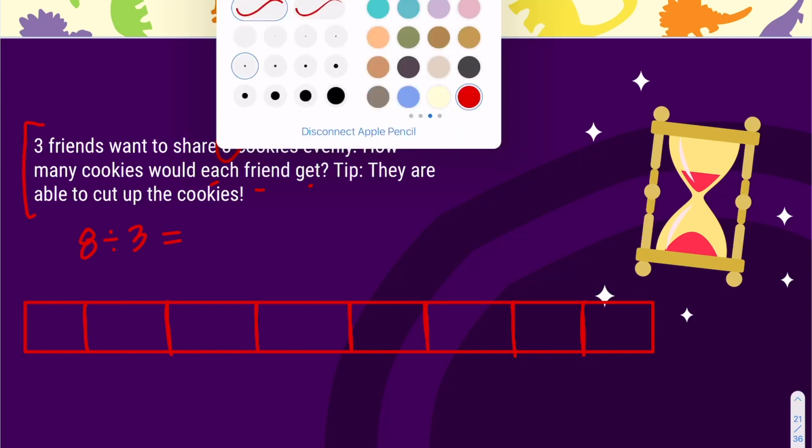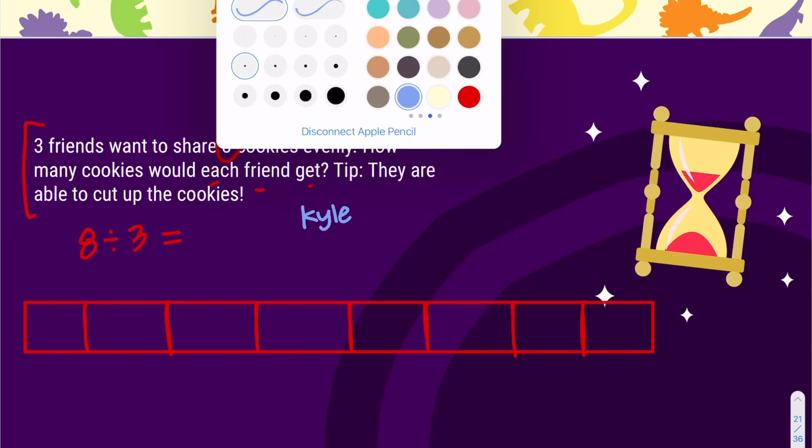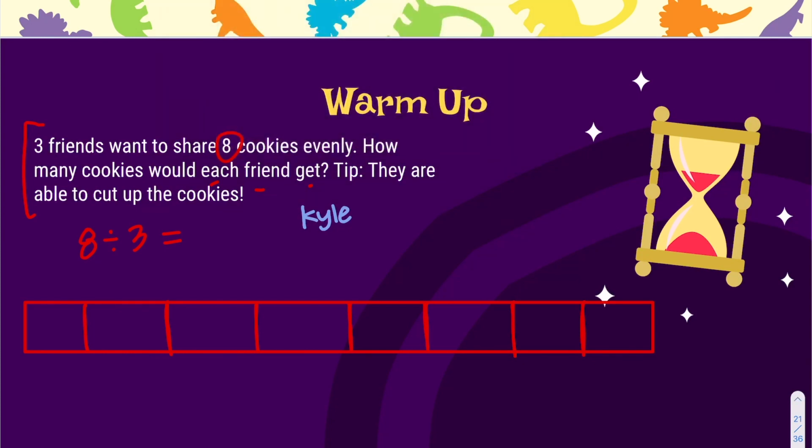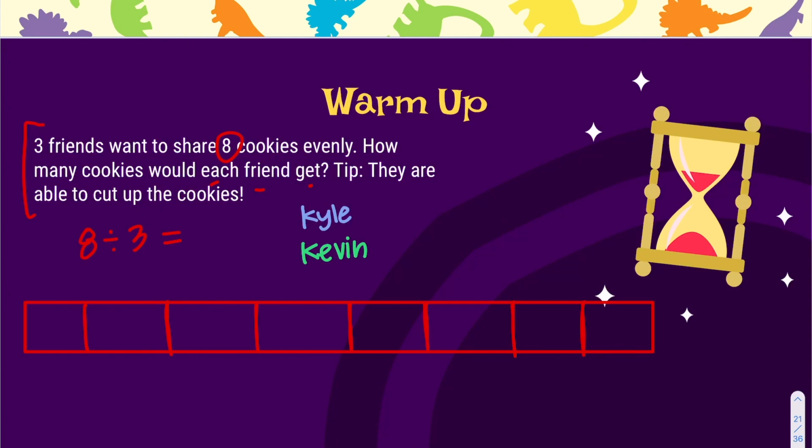I'm going to label each friend by color. I'm going to say that this is Kyle. This green is Kevin. And this orange is, I'm going to say Kylie, just to keep the case.